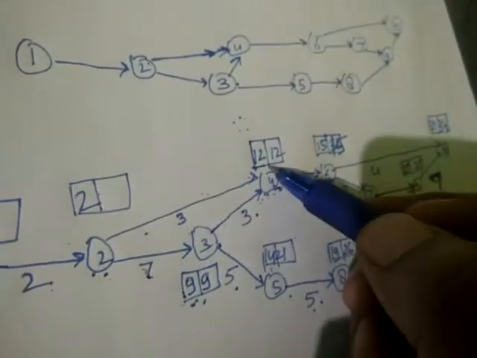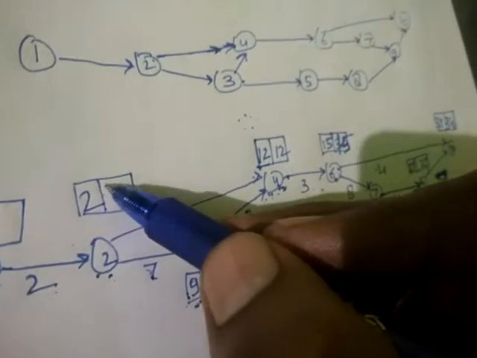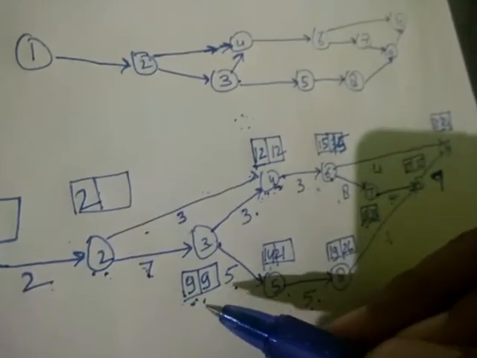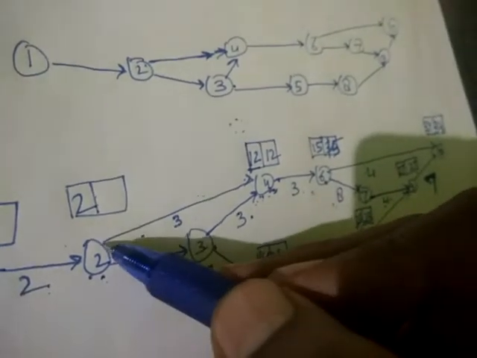Again, if you come to 2, there are two paths, one from here and one from here. Again we will calculate 12 minus 3, 9. 9 minus 7, 2. So we will write the smallest number, and here 2 minus 2, 0.